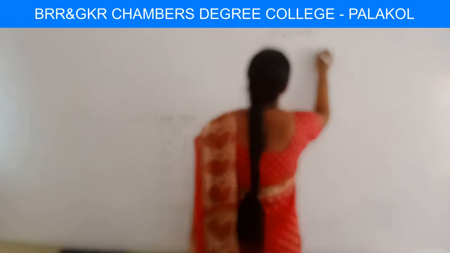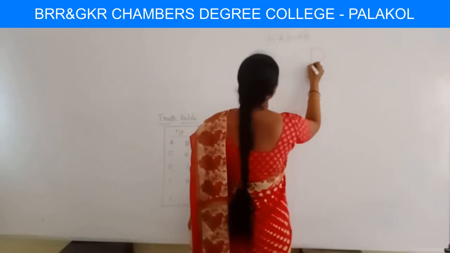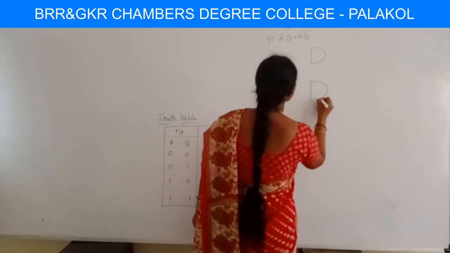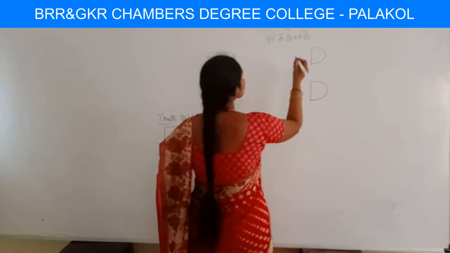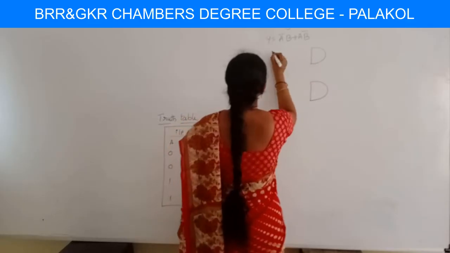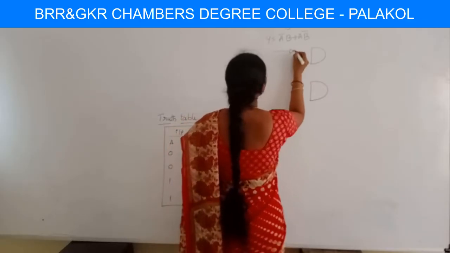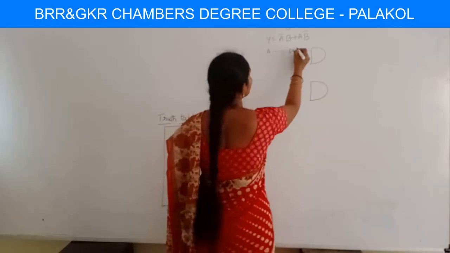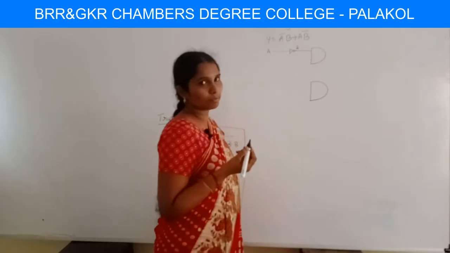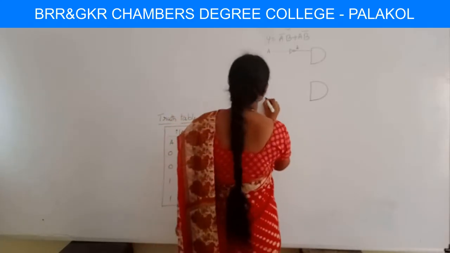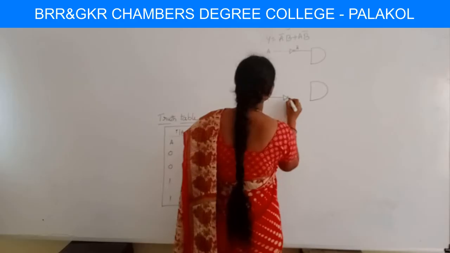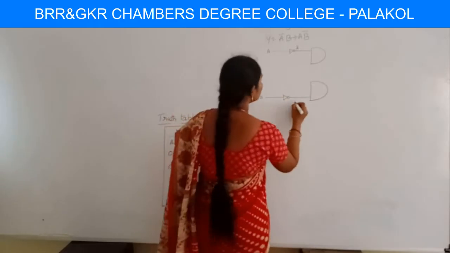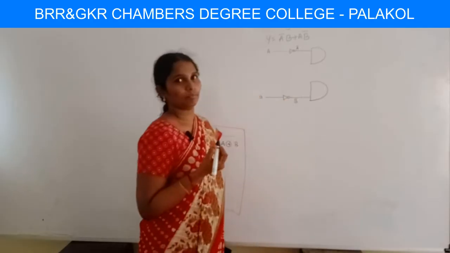Here I consider two AND gates. Here this is A, not is nothing but A bar, and after that I take B. Okay, so here this is B, and after that it is B bar.